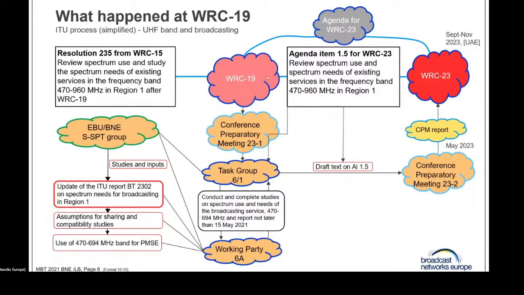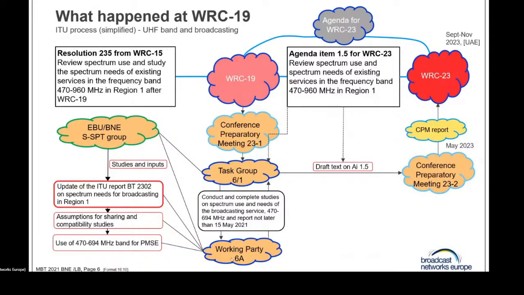And what happened in WRC-19 was that the Conference Preparatory Meeting, which occurred right after the actual conference, set up a Task Group 6/1, which was ordered to make a draft text for the Conference Preparatory Meeting for WRC-23, and also submit a CPM report, a Conference Preparatory Meeting report, with the results of all the studies, etc., that should go into 23.